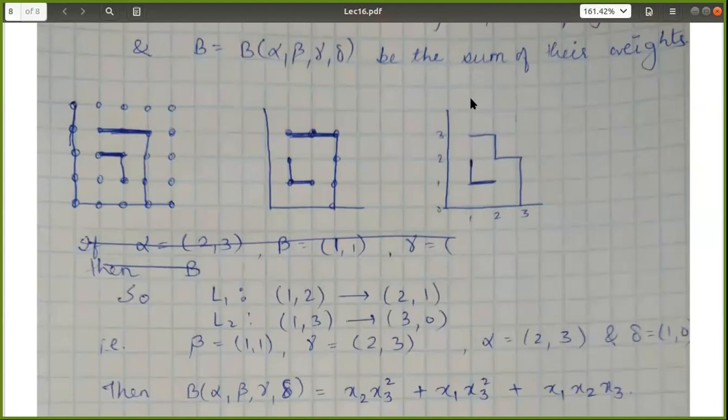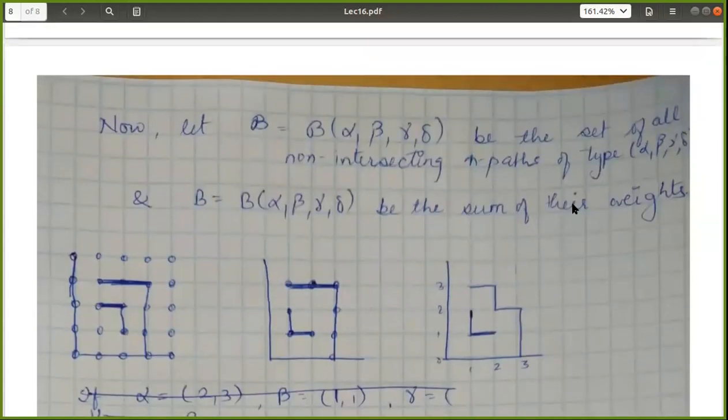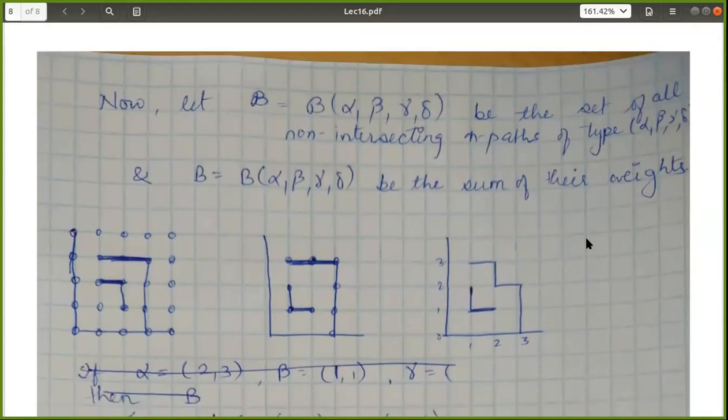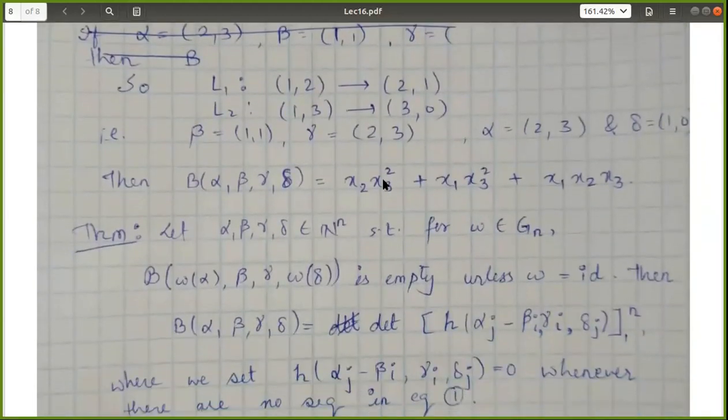And for this one, one is x1 and the other is x2, x3, so that is going to be x1, x2, x3. Then you have to sum their weights, and it's going to be x2, x3 squared plus x1, x3 squared plus x1, x2, x3.